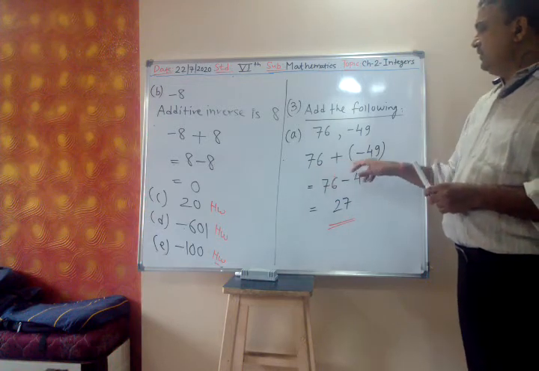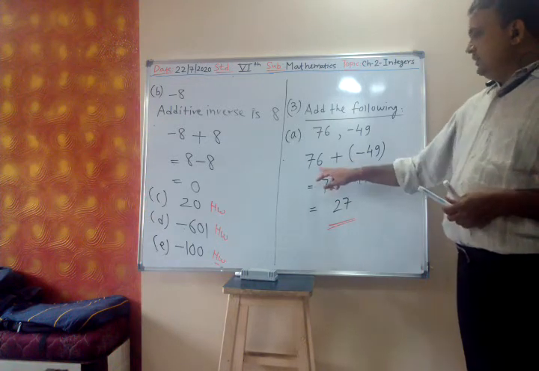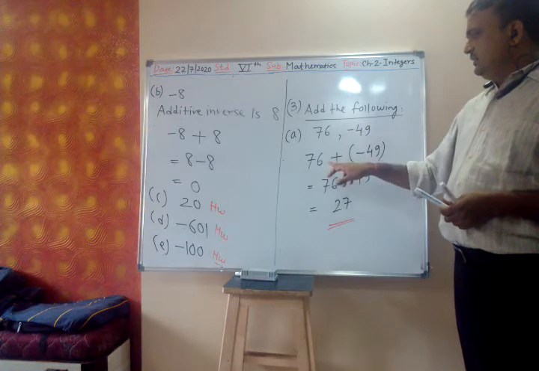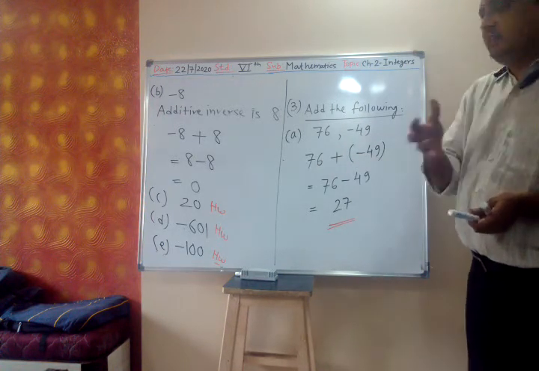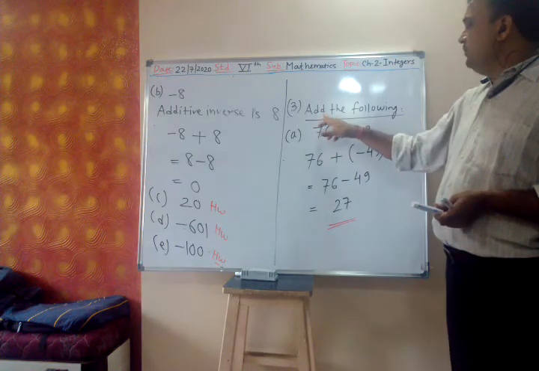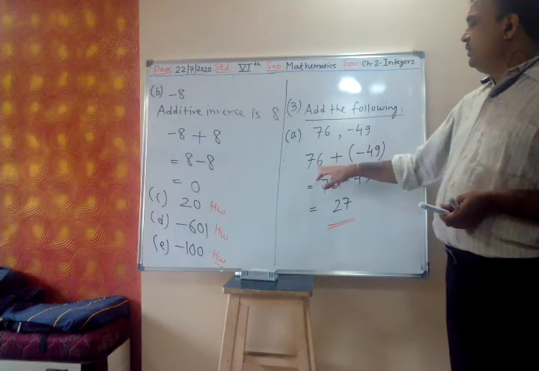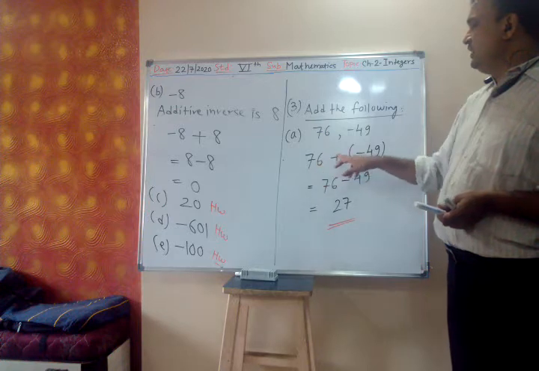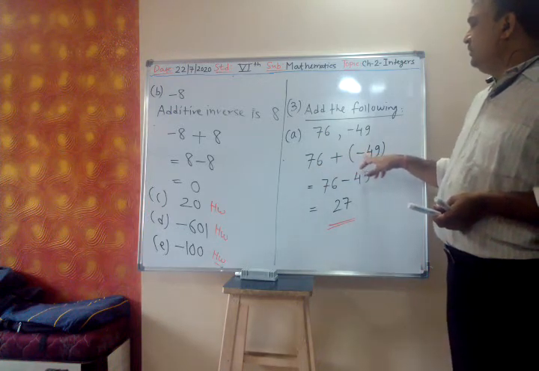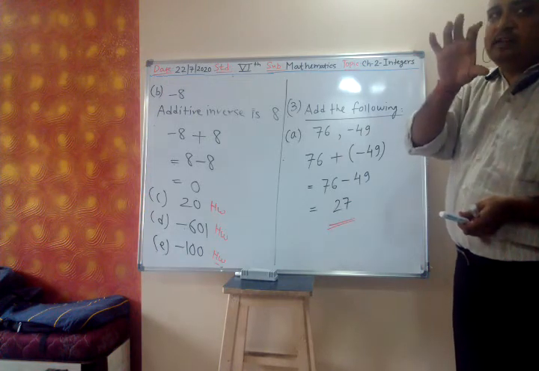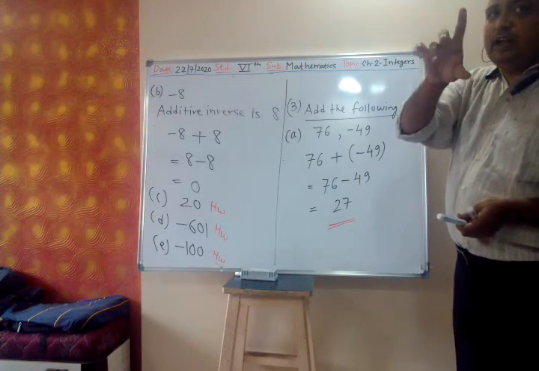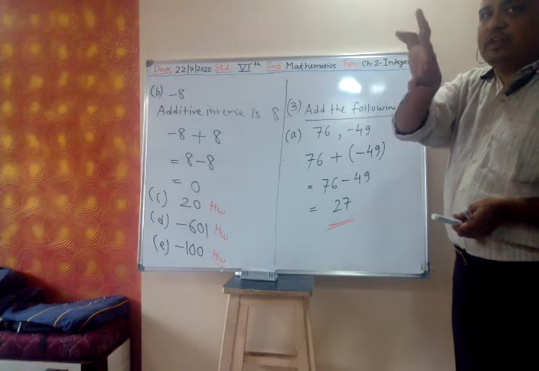76 plus, because it is asked add the following. Add means you have to write plus sign between them. You are given one number 76, other number minus 49. Between them I will write plus. Now you have to remember the table of addition. Same sign you have to add, opposite sign you have to subtract.